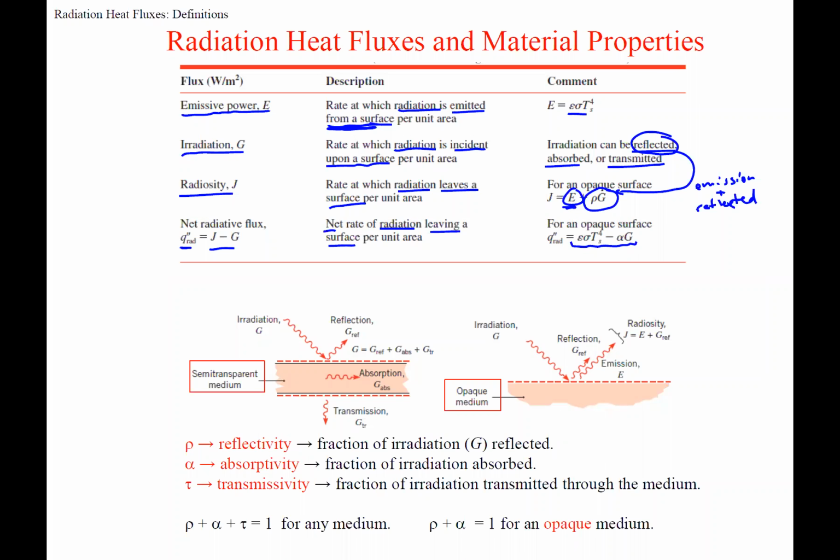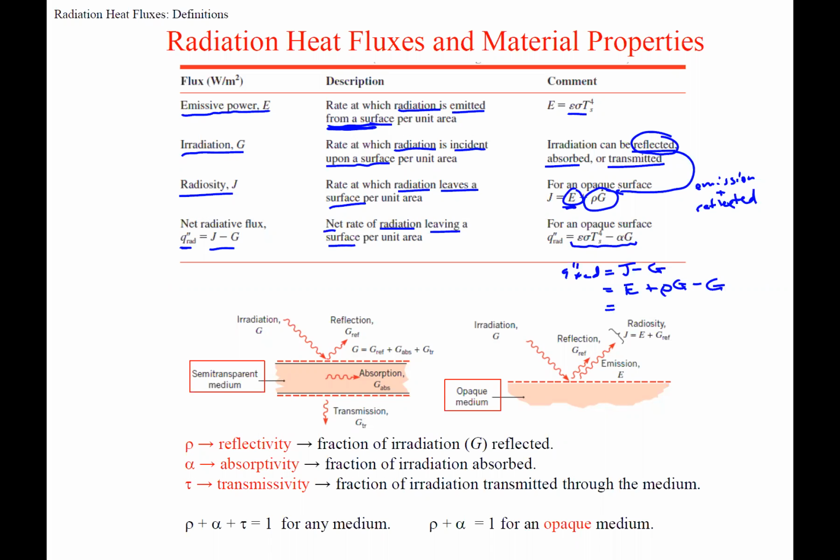So radiation is J minus G, right? Where J is E plus what's being reflected of that irradiation. And then we have minus G here. That's still being carried.